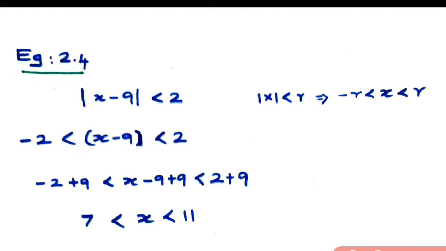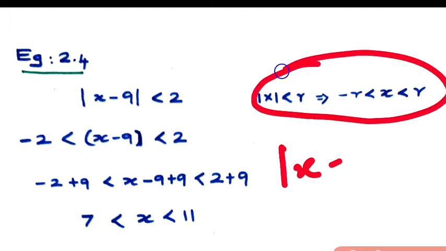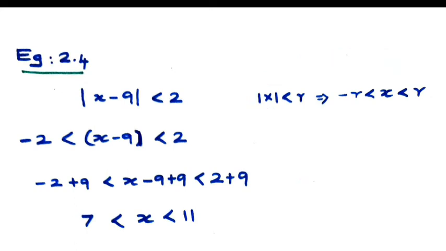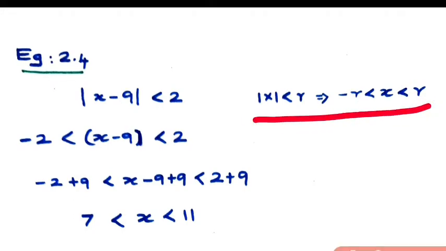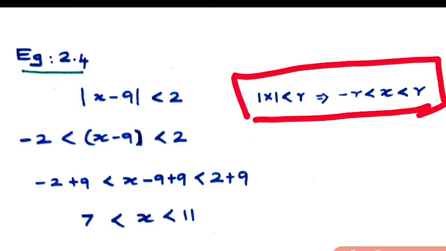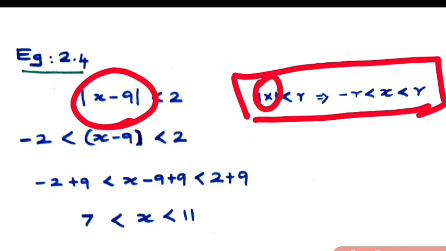Given that modulus of x minus 9 is less than 2, we know that this is in the form of modulus of x is less than r. Here x minus 9 is considered as x, and 2 is r.